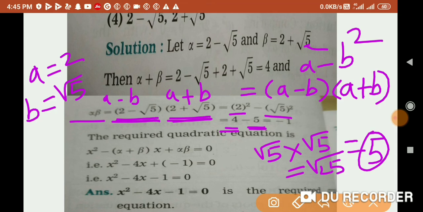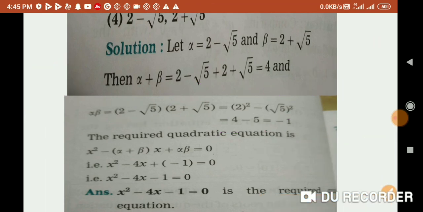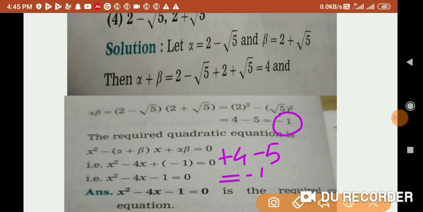Therefore here we can write down square of root 5 is only 5. Understand, student? Now see here, 4 minus 5. 4 bearing sign plus and 5 having sign minus. Now plus minus, that means minus. Here the process of subtraction is done. 5 minus 4 is equal to 1. See here, we get the value of alpha into beta is equal to minus 1.